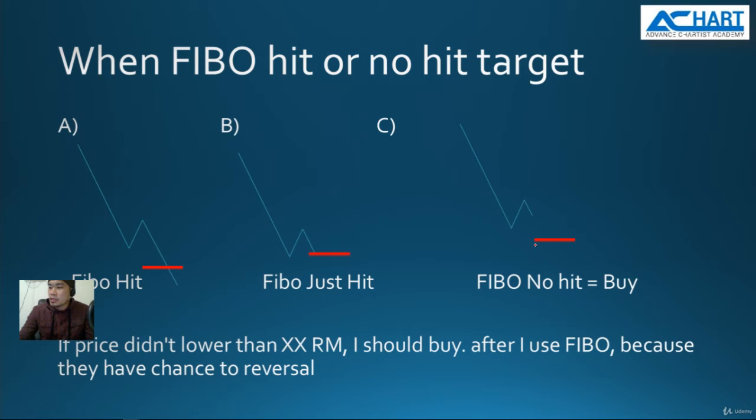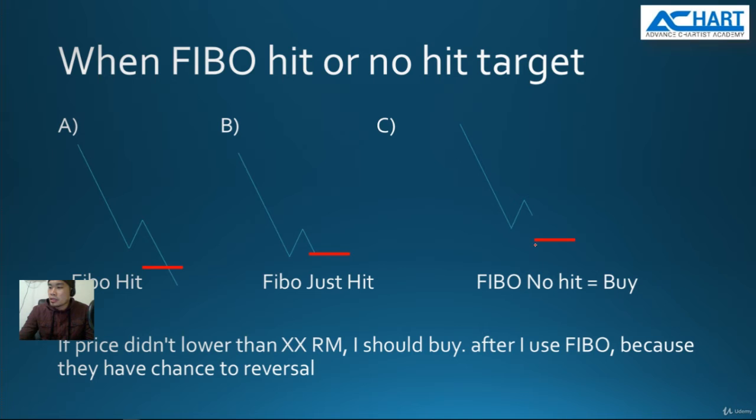When we use Fibonacci as trend reversal identification, we can see that at the first line of the downtrend, it hit the Fibonacci downtrend target. The price goes below the target point, and then it becomes shorter and just hits at the end of the downtrend.